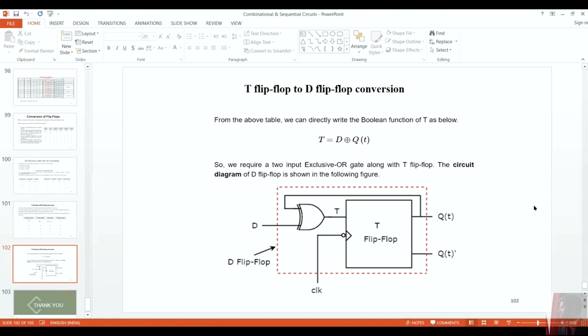Without memory, we are not in a position to convert any combinational circuit into a sequential circuit, and combinational circuits would always be a part of a sequential circuit, right? So in this video we discussed sequential circuits. In the previous video I discussed combinational circuits. You can check out the previous video, right?